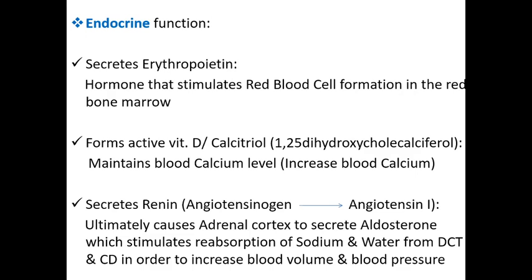When it increases reabsorption of sodium and water, the blood volume gets increased. When the blood volume is increased, the blood pressure is also increased. So the function of renin is ultimately to activate the renin angiotensin aldosterone system and to increase the blood volume and the blood pressure.